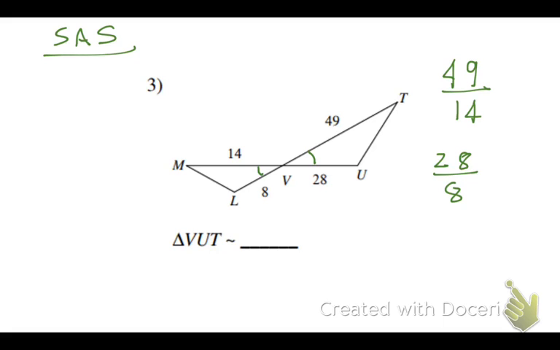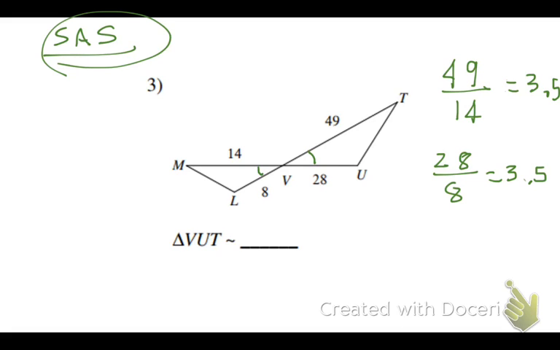And in each case, we get 3.5. So since those ratios are equivalent, these triangles are similar by side angle side. Now let's see if we can write the similarity.